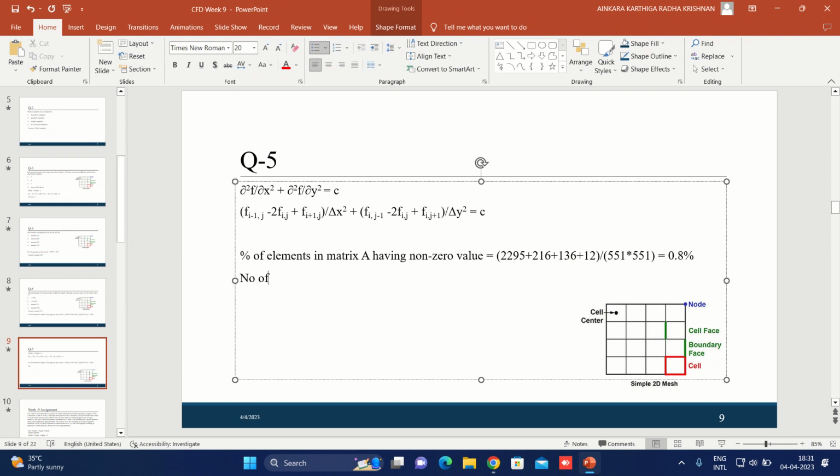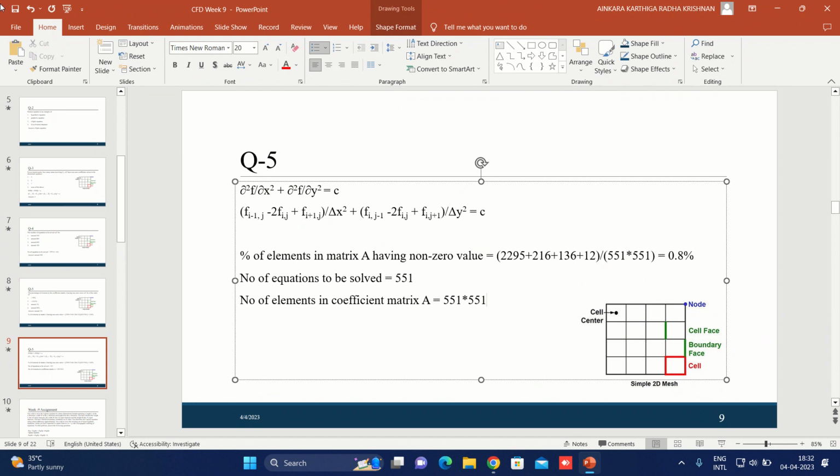Number of equations to be solved is equal to 551, and the total number of elements in the coefficient matrix A would be 551 cross 551.